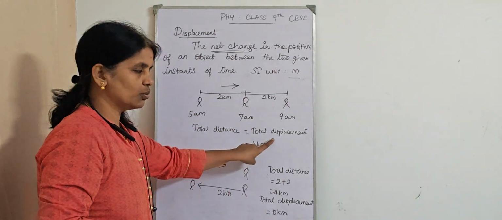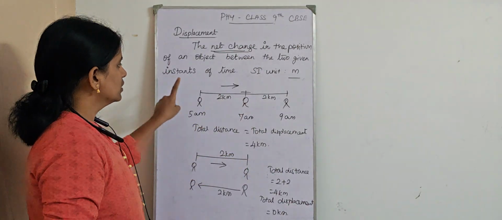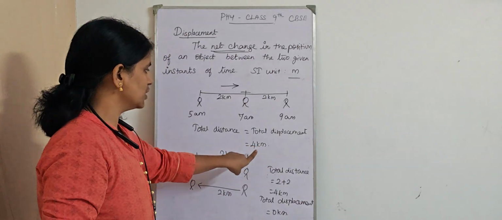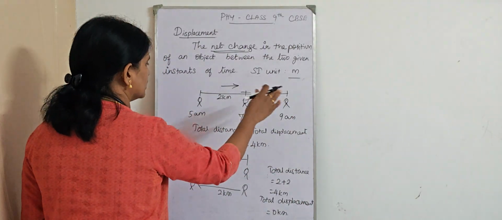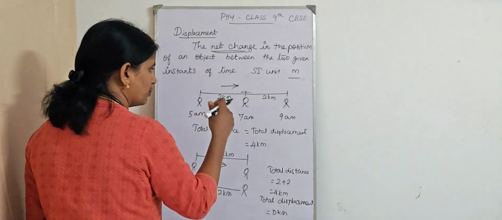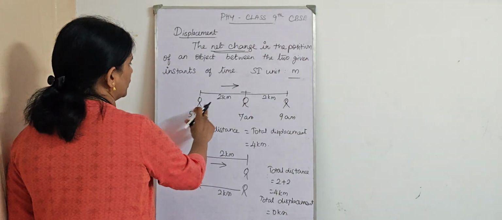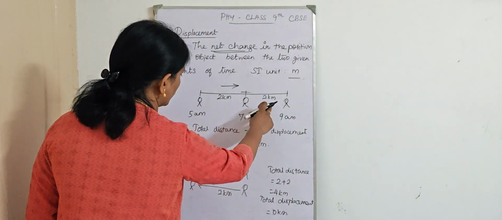What is the distance covered by the object? It is 4 km. So in this case, the total distance remains equivalent to the total displacement, because the object just keeps on moving in the forward direction and is not coming back. From 5 am to 7 am 2 km, 7 am to 9 am again 2 more km.